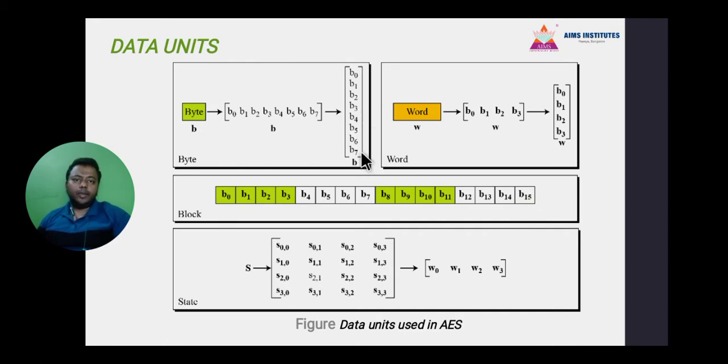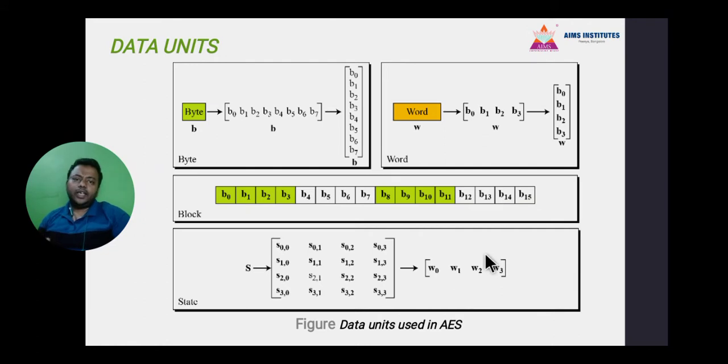Already we have seen in the mathematics of cryptography how a row matrix and a column matrix look. If I have a word, in the same way the word would be kept in either a row format or a column format. If I have a complete block of data, it will be formed in this way, where 0,0, 0,1, 0,2, 0,3 will be formed out of it, or in a word format in one way.